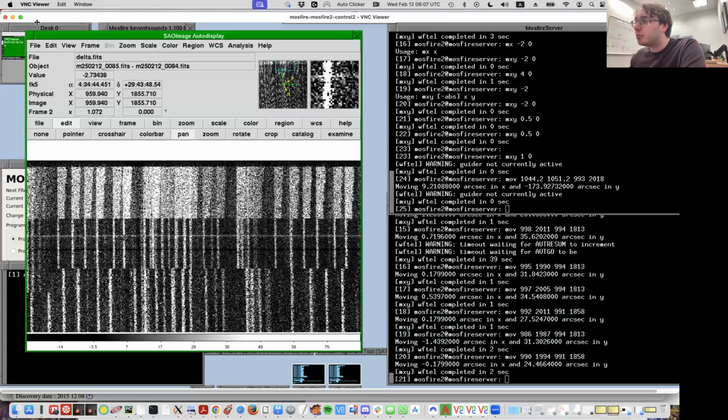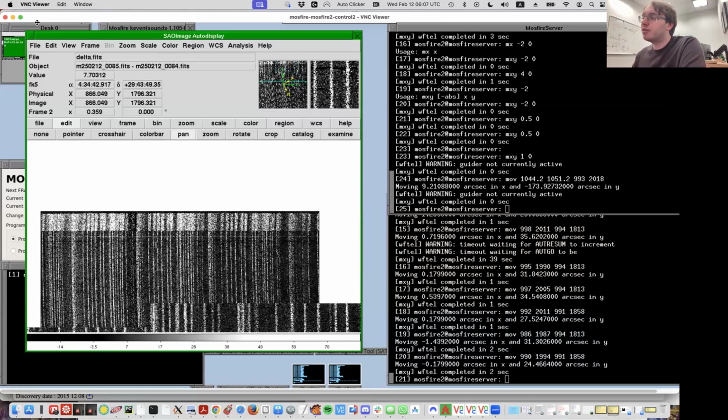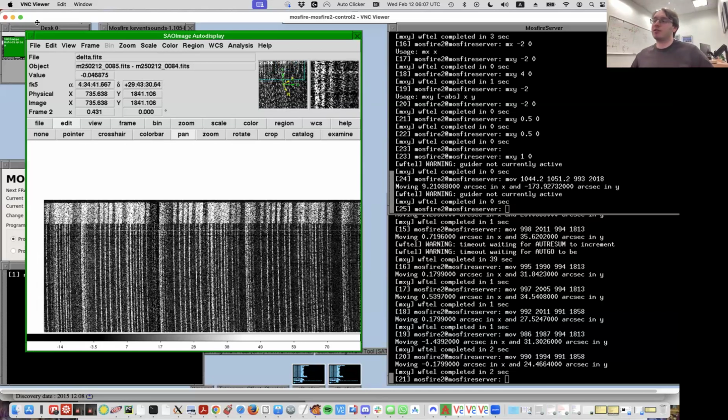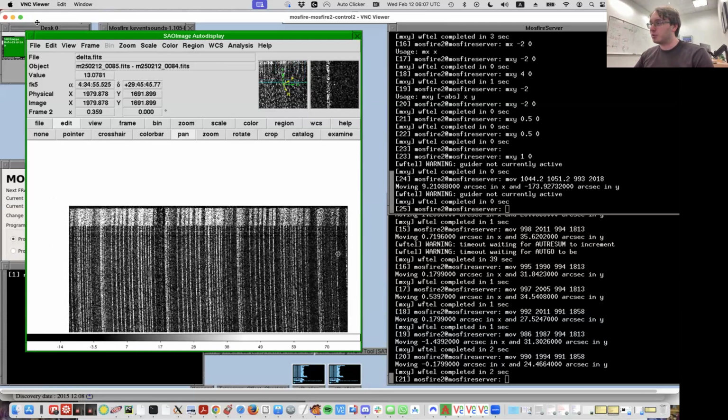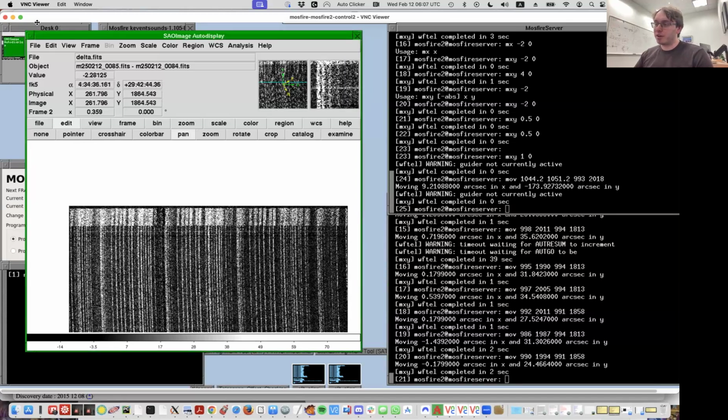And the features we were looking for here, these aren't emission lines. These are very broad features. So in terms of this image, the feature would go from somewhere like here to here, so we would expect this part to be not as bright as this part of the trace.